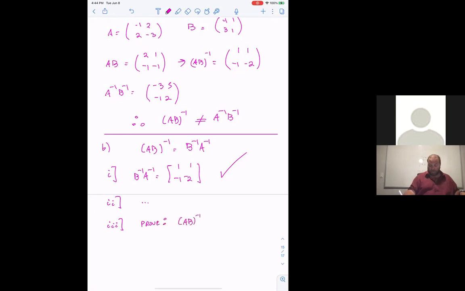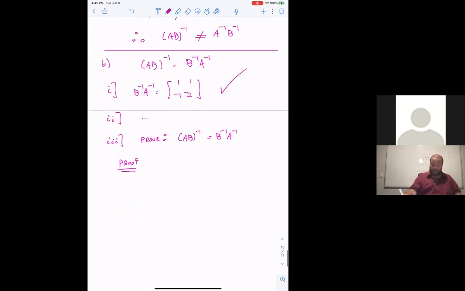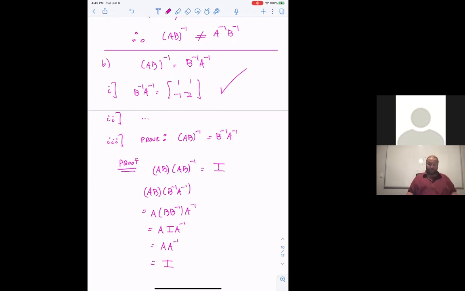Prove that AB inverse equals B inverse A inverse. And it's actually not hard to prove. Here's the proof. What is the inverse of AB? The inverse of AB has the property that if you multiply it by AB, you get the identity. That is what inverses do. They give you the identity. Well, if you do AB times B inverse A inverse, you also get the identity.